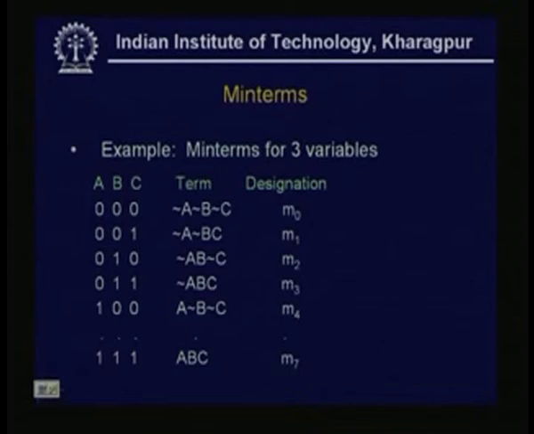So, A equal to 0 here means this is denoted by the term negation A, or complemented A. Similarly, B equal to 0 means this is negation B, and C equal to 0 means this is negation C. Now, 0 0 1 is negation A, negation B, C, only C is uncomplemented. 0 1 0 means negation A, negation C, but B only.